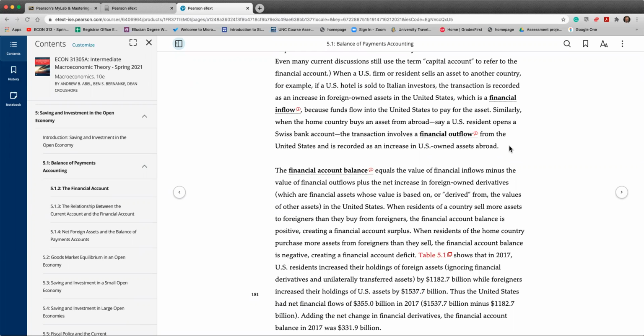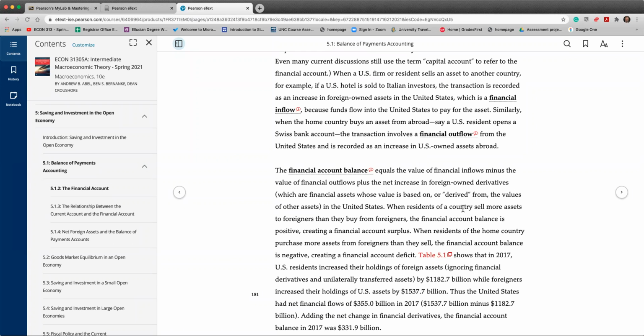It could be opening a bank account here. It could be selling a business in the United States to somebody abroad. So the dollars are coming into the US in that case. And those are entered in the balance of payments with a plus since they're coming in, adding to, whereas dollar outflows are with a minus sign.